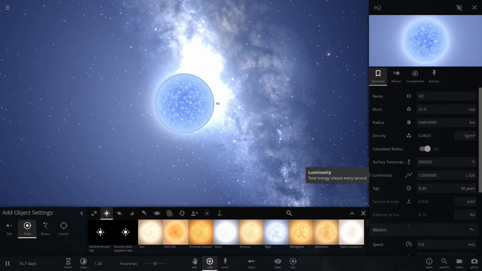Are you joking me? H-class are hypothetical class stars, okay? So these are not real, these are hypothetical. If we find one, it would be like 12 million times the luminosity of the sun.